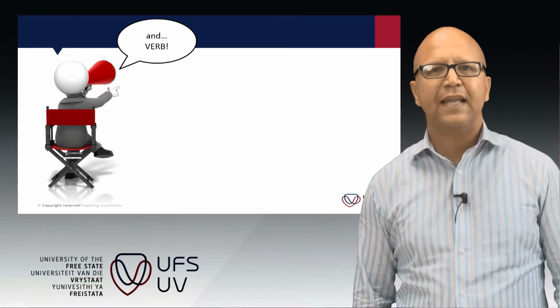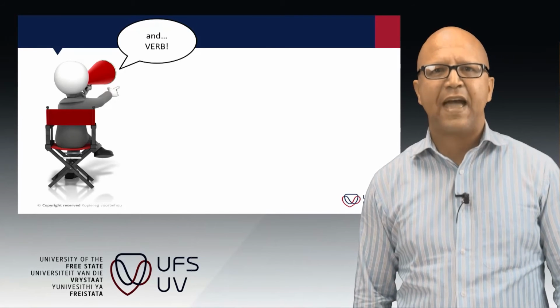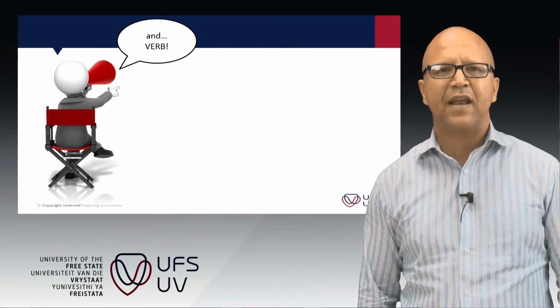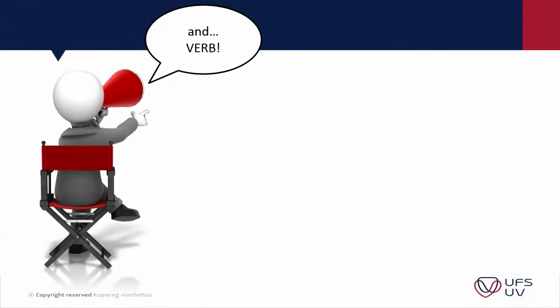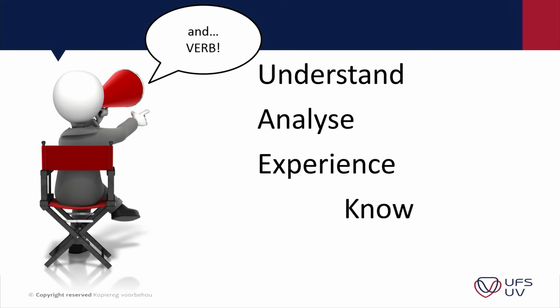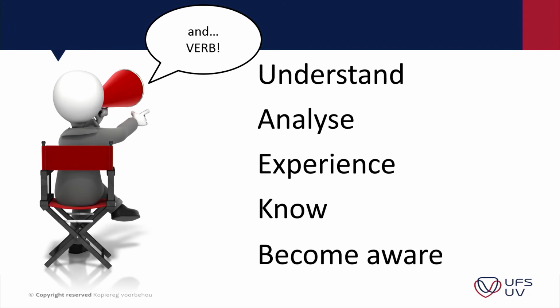As a rule, a lesson objective should have an action verb. An action verb is one that describes an observable action. Favorite verbs often used by teachers are understand, analyze, experience, know, and become aware.